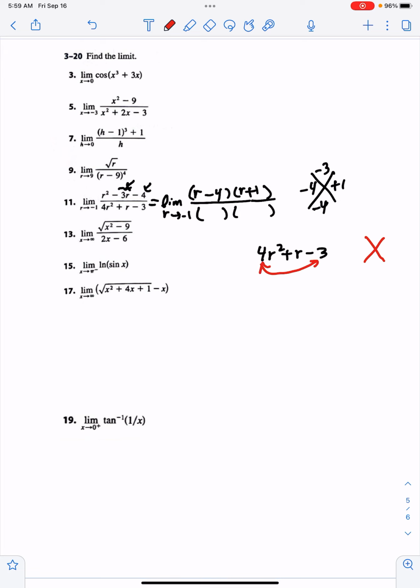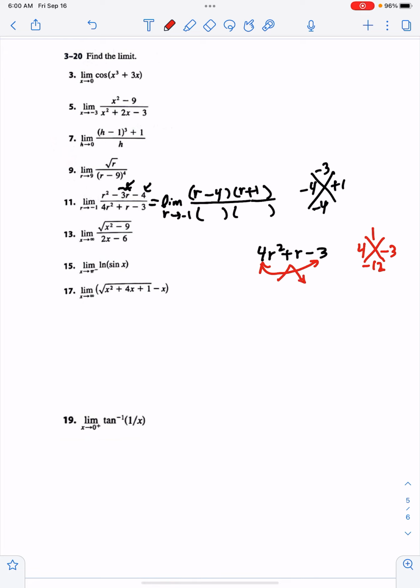Because something other than 1 is multiplied by r squared, you multiply the first and last term, that's negative 12, and the middle term is 1. So two numbers that multiply to negative 12 and add up to positive 1. So that's 4 and negative 3.